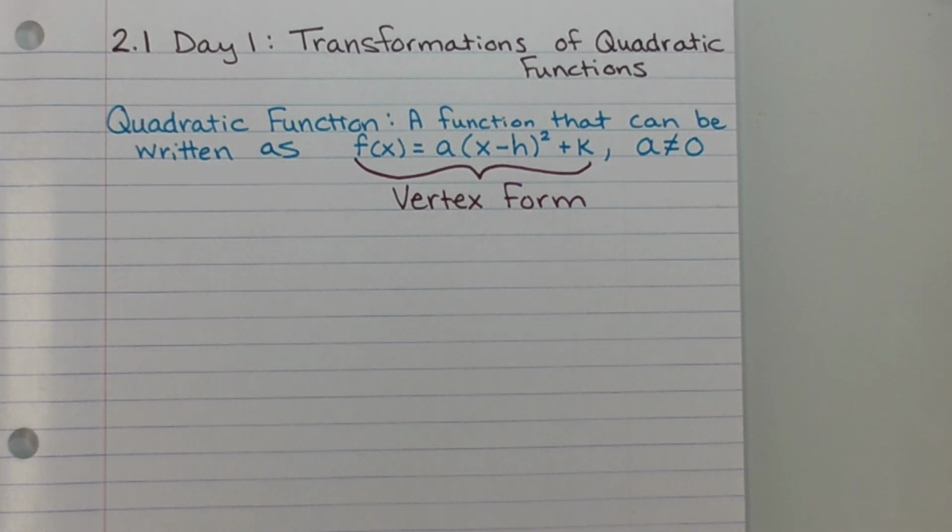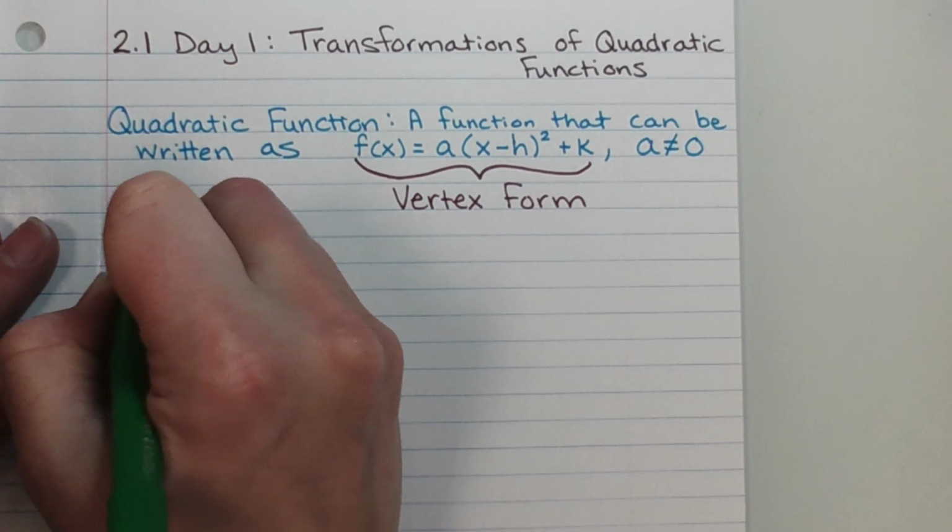The reason that b is not a part of vertex form is regardless of what b is, you can simplify a function to go back into this form, and this form tends to be easier to work with than the form where b is involved. So that's why they don't have the b there. The b will still be a thing, and we'll talk about it. It's going to slowly become less and less of a thing as we go through the sections, though.